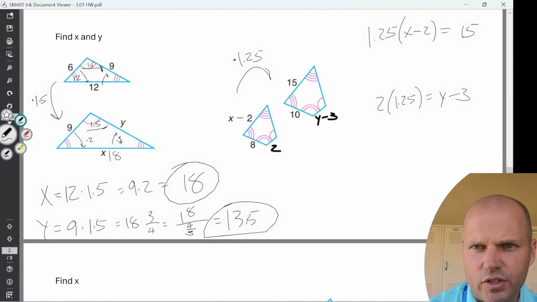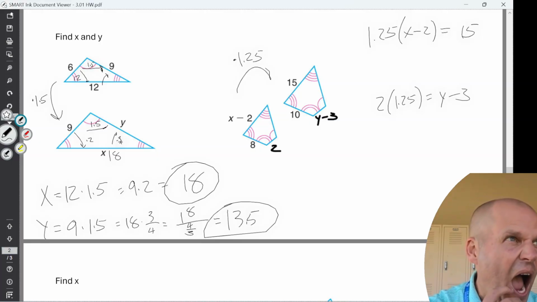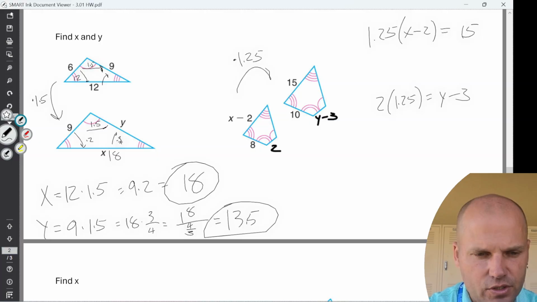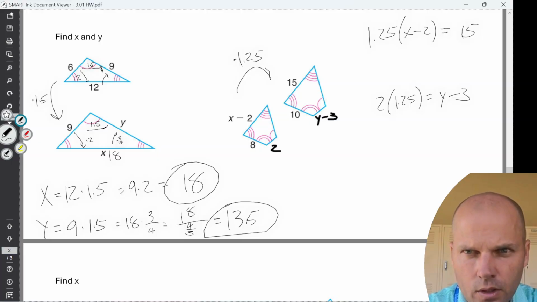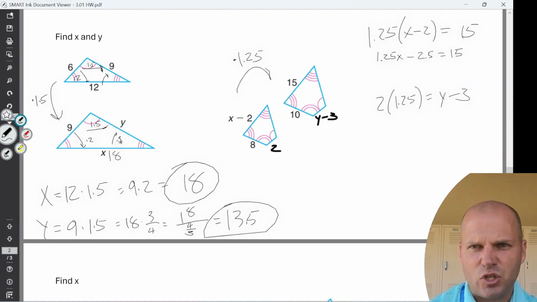So I got 1.25 times x, and then 1.25 times 2 is negative 2.5. So I got 1.25x minus 2.5 equals 15. I'm going to add 2.5. I have 1.25x equals 17.5.